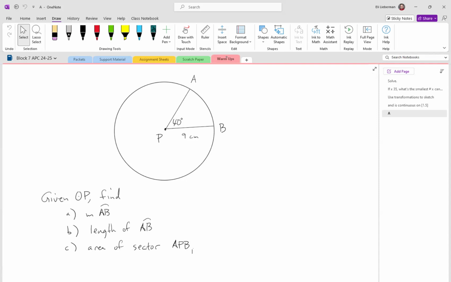Are there some there? What does that first thing say? Measure of arc AB. Sorry, that is an M. You're welcome to discuss it with the neighbor, of course.